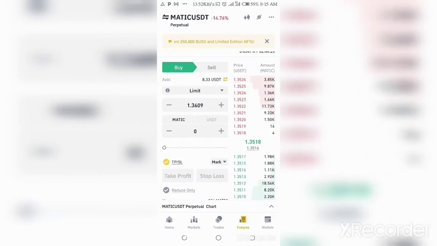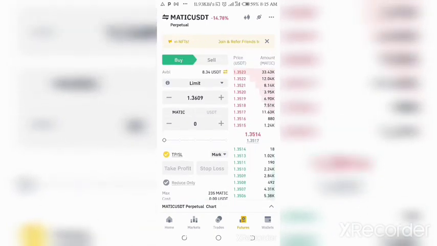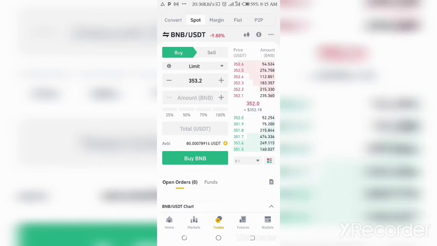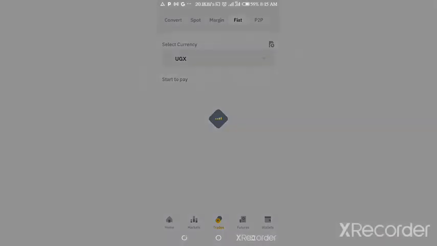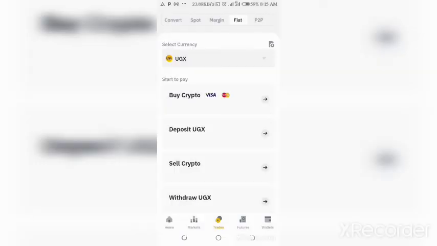So now we've looked at the different types of trading, but you may ask yourself, how do I use that particular trade? Even before we come to that, let me take you to fiat. With this kind of trade, you can buy and sell cryptocurrencies.